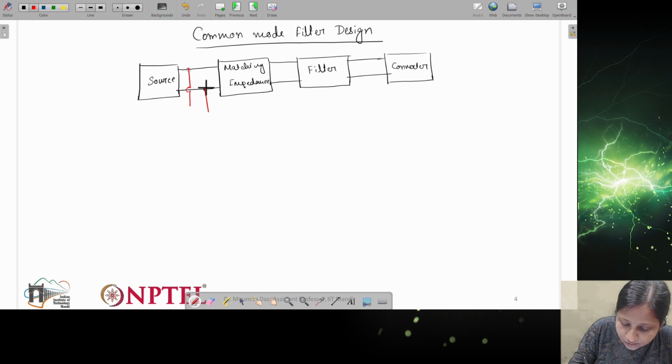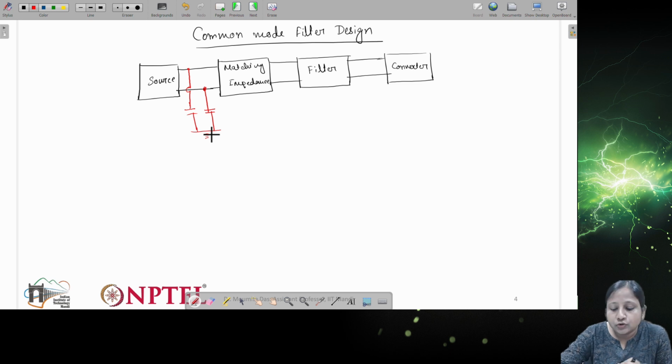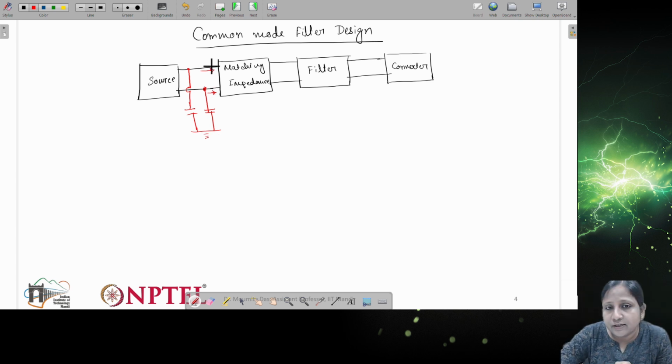These two different lines will have parasitic capacitances with respect to the ground. Both parasitic capacitances are responsible for the common mode noises. This will have the current in the same direction.